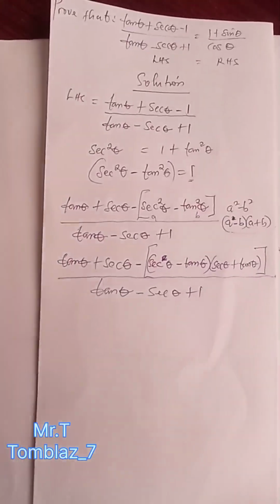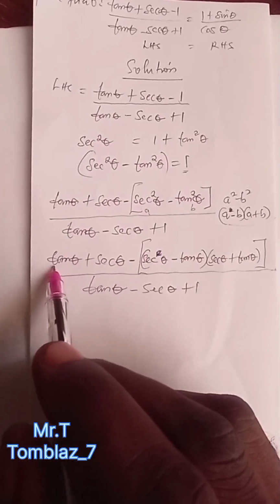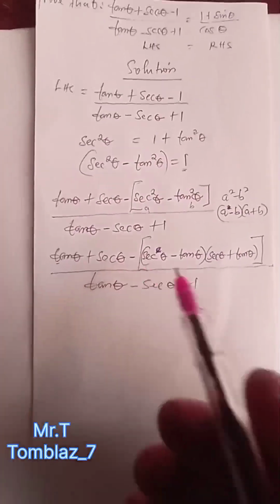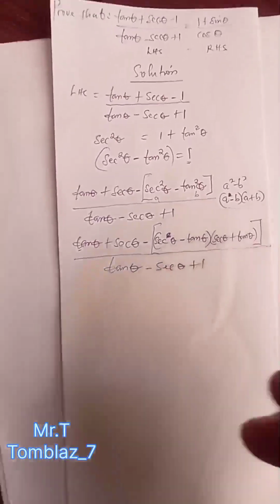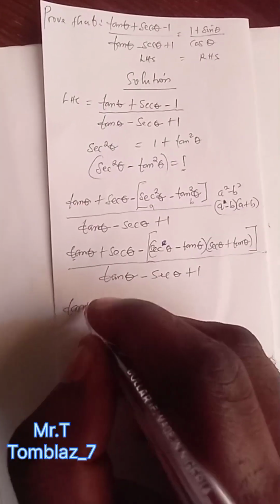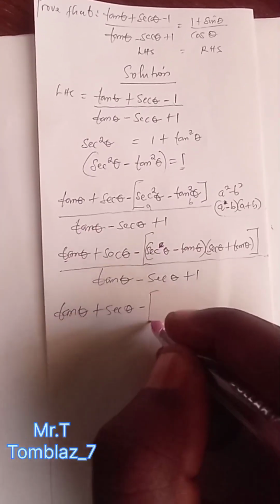Now looking at what is inside this bracket, we have tan theta plus sec theta here, and here we also have the same thing. Let's rearrange so that it will look equal.